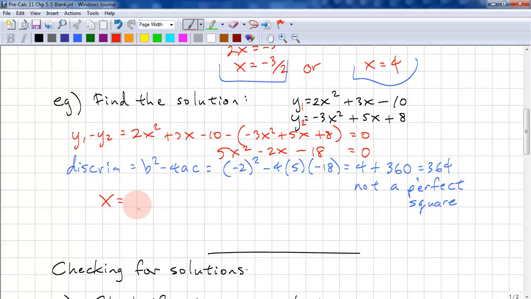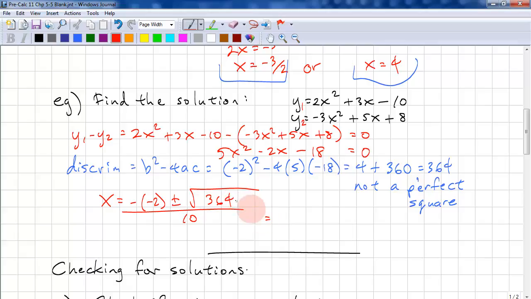x equals minus b, so this is minus negative 2 plus or minus square root. We don't need to do the radical anymore because we already know the discriminant, so we just plug in 364, over 2 times a, which is 5, so that's 10. Although this is a radical, it can be reduced.